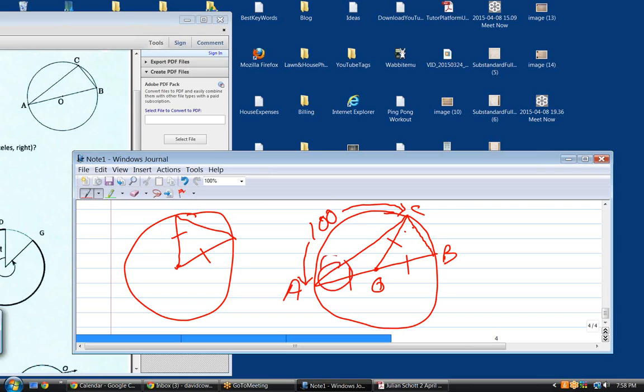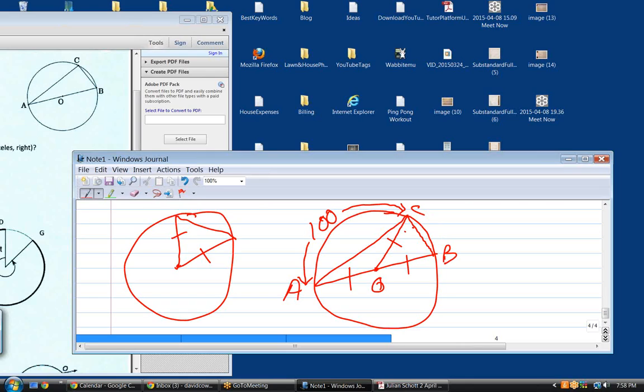They want this angle right here, BAC or OAC, whatever you want to call it. Okay. As in most geometry problems, you always have to solve for something else before you can solve for what you're looking for. What's the measurement of arc CB?